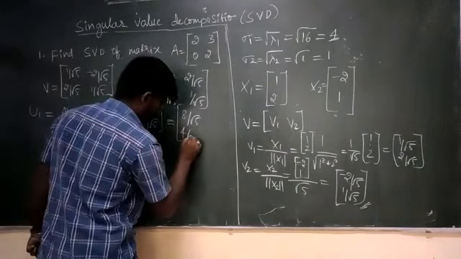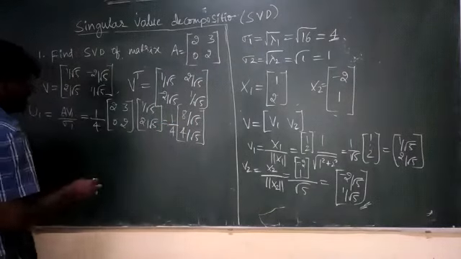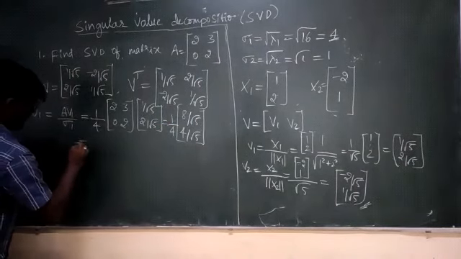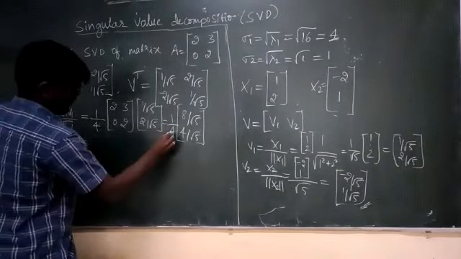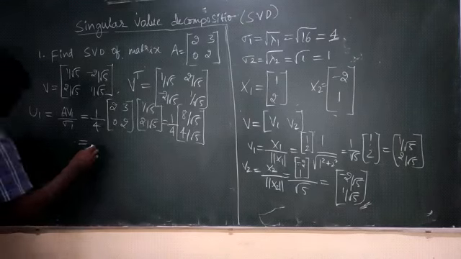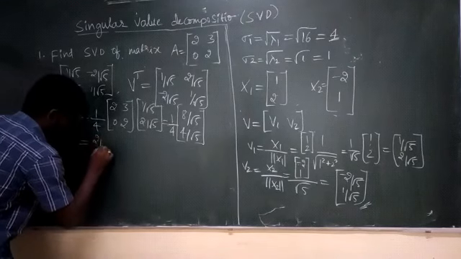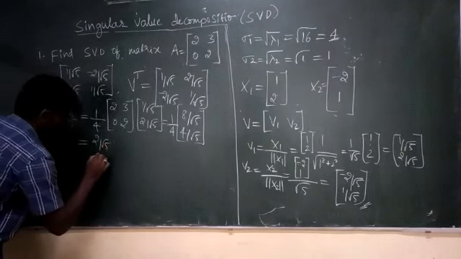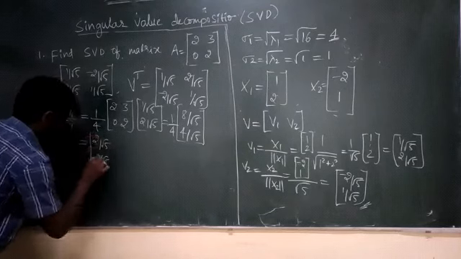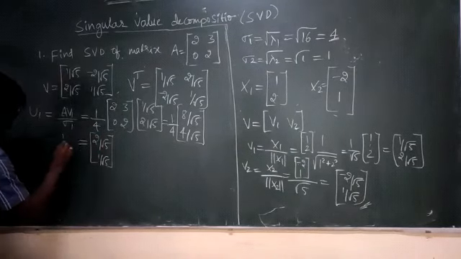This equals 1 by 4 into this, so 4 multiplied by 1 by 4, we get 2 by root 5 and 1 by root 5. This is the U1 matrix.